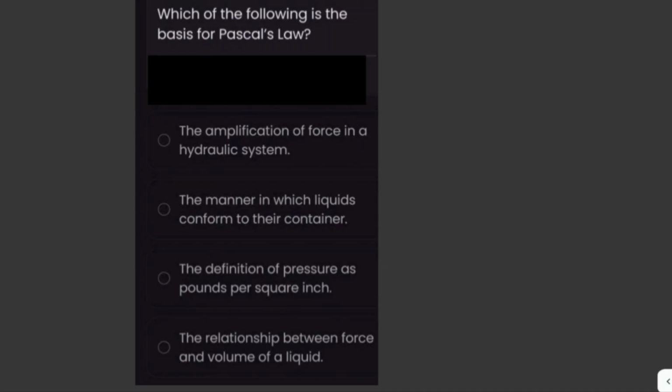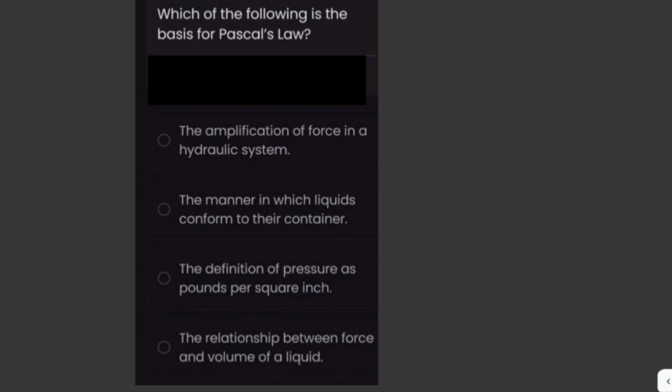Pascal's law, named after the French mathematician and physicist Blaise Pascal, states that when there is an increase in pressure to any part of a confined fluid, there is an equal increase in pressure at every other point in the fluid. This principle forms the basis for the functioning of hydraulic systems.